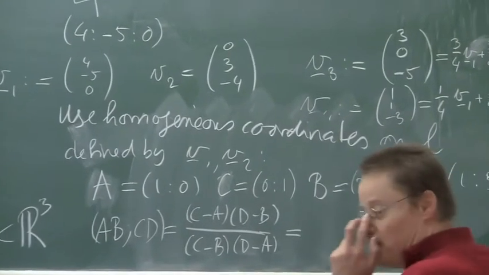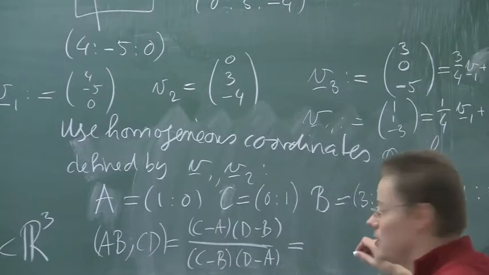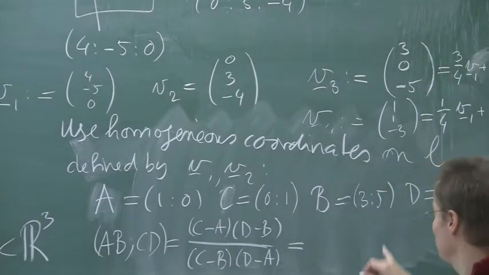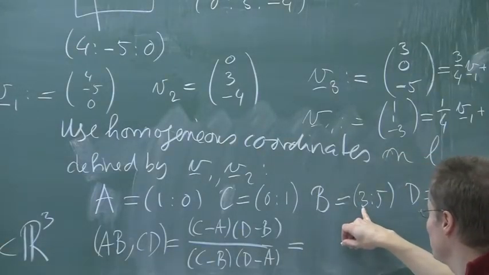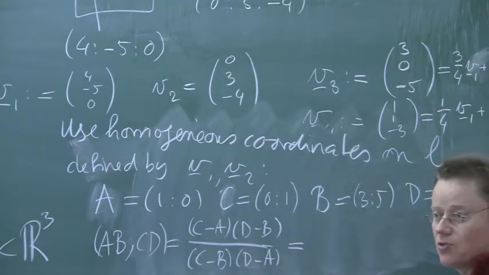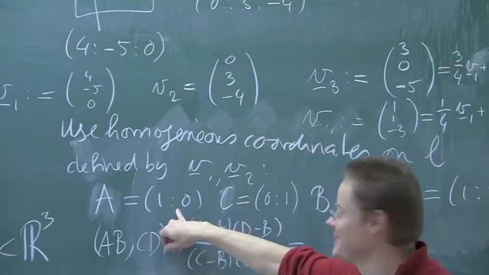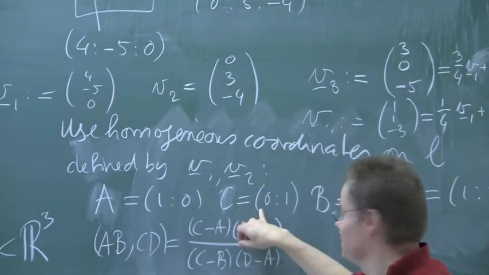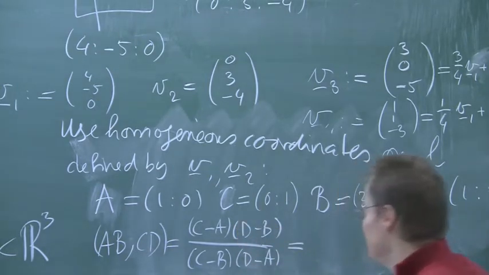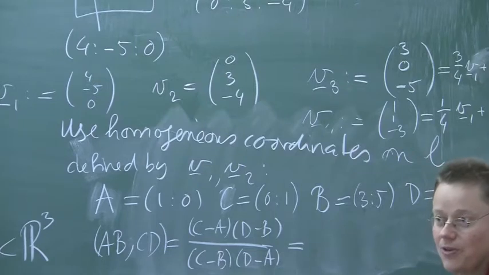And now we get a difference maybe with Stillwell's approach. Stillwell uses inhomogeneous coordinates, so he would write 3/5 ratio to 1, 1/3 ratio to 1, and this would be infinity to 1, and this would be 0 to 1. Okay, I use homogeneous coordinates in order to avoid working with infinity.